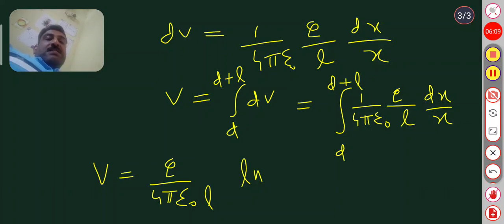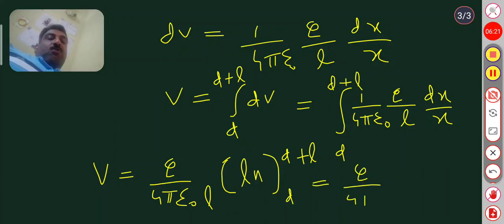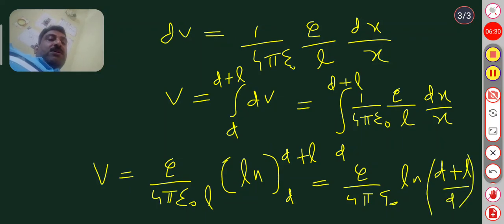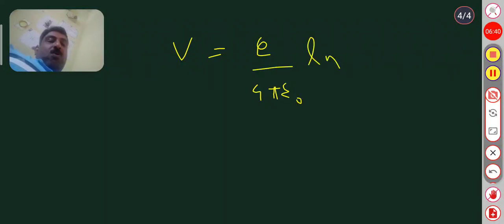When you integrate between the limits d to d plus L, you will get Q by 4 pi epsilon 0 natural logarithm of (d plus L) by d.